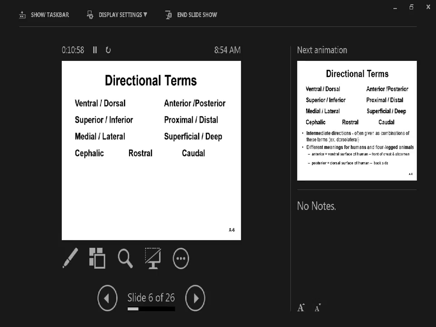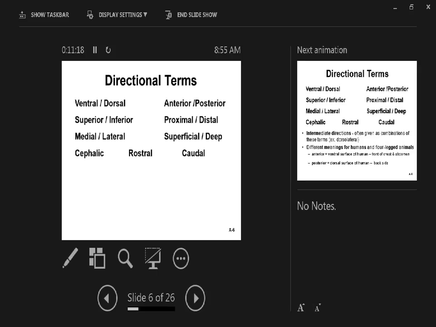Dorsal is also called posterior. Ventral is also called anterior. They're typically opposites, which is going to help you understand them.